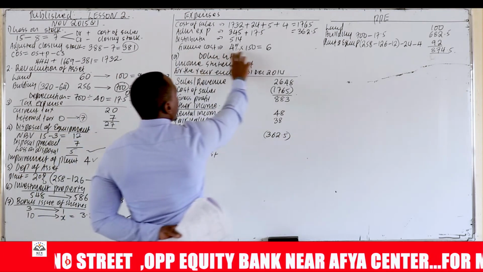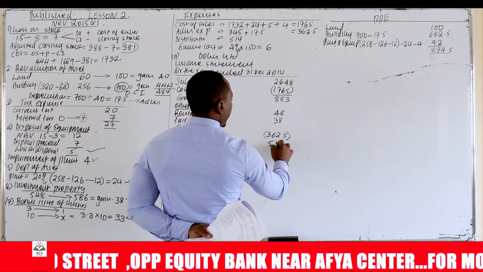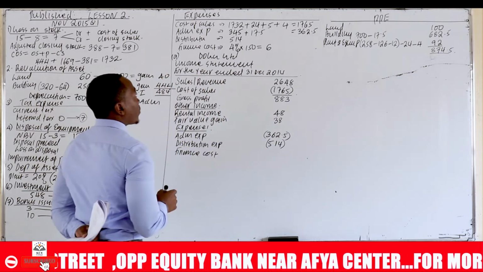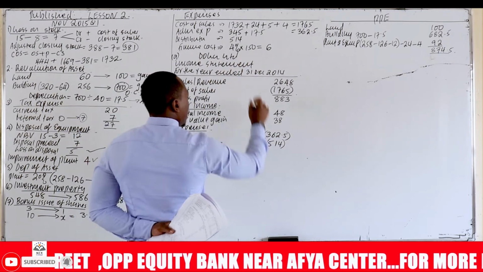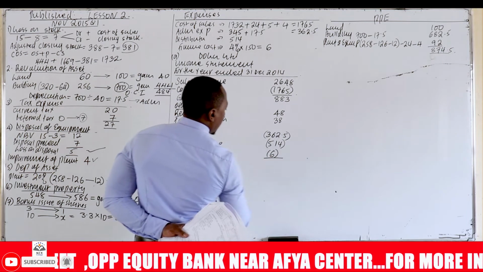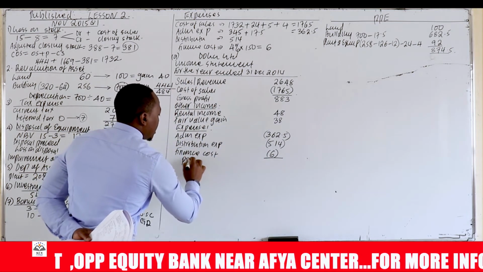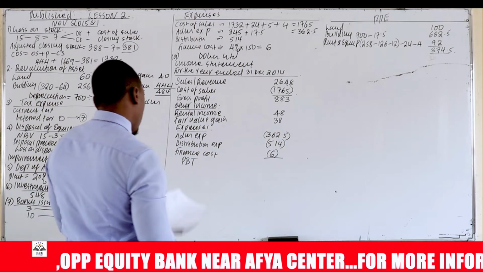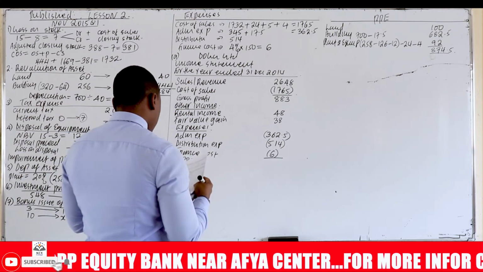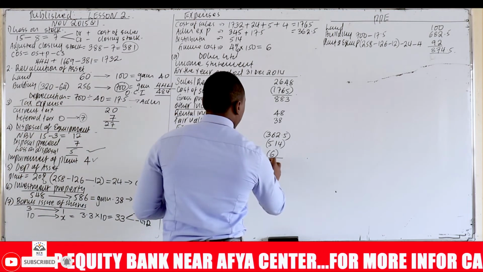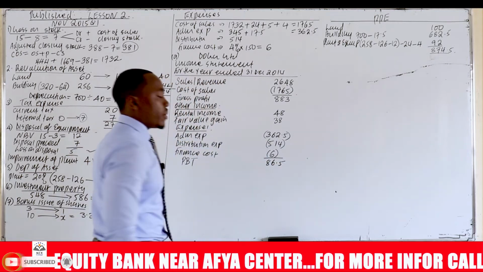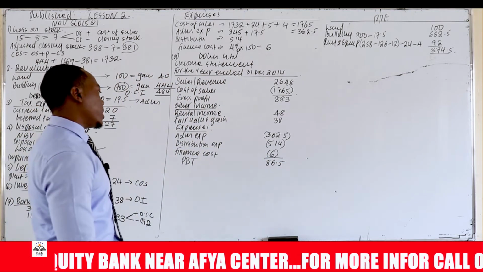Then there was distribution expenses, an amount of 514. Then finance cost, an amount of 6. And that's how we get our profit before tax. So how much would be a profit before tax? Profit before tax would be 86.5. That's the profit before tax.